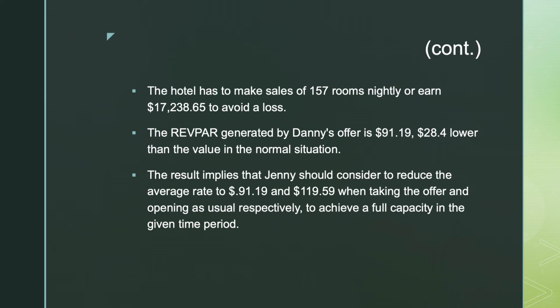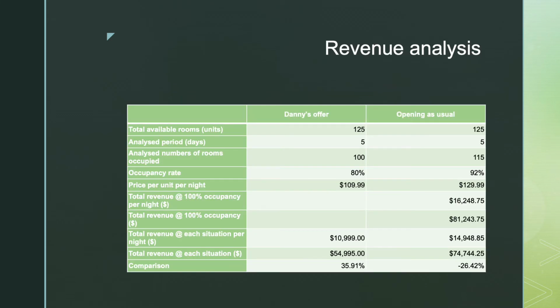Accordingly, the revenue per available room generated by Denny's offer is $90.19, lower than the value in the normal situation. The result implies that Jenny should consider reducing the average rate to $91.19 and $119.59. And this is my revenue analysis.